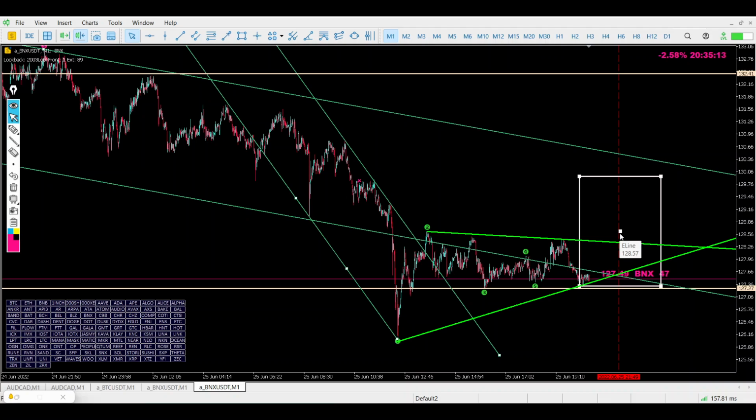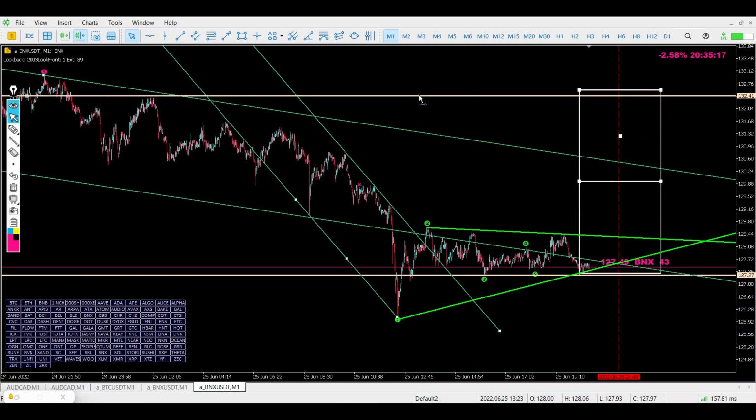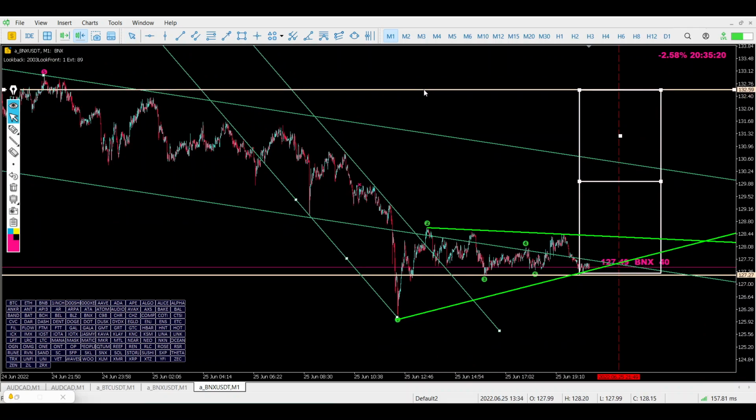So I am just targeting this target, like the 133 range.